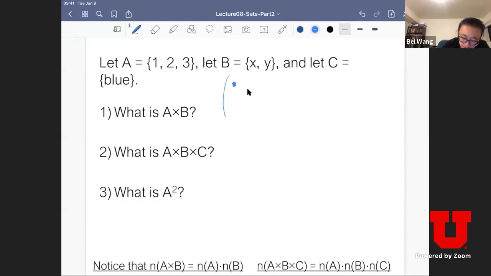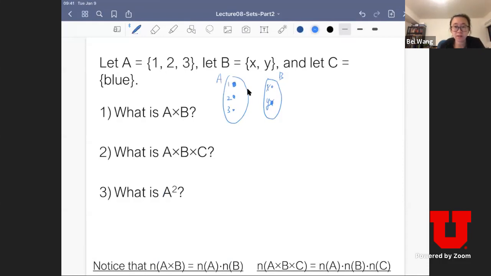Let's say this is my set A. It has three elements, 1, 2, and 3. I have a set B. It has two elements, X and Y. Then I pick an element from the left and an element from the right, from A and from B. Each time I pick a pair, I draw a line.